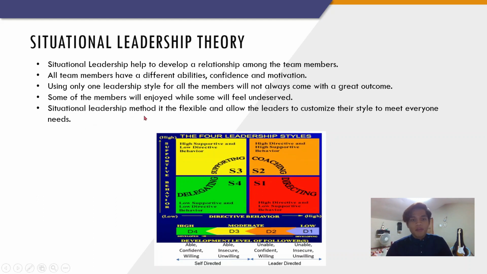Situational leadership is flexible and allows leaders to customize their style to meet everyone's needs. We have four styles: delegating, supporting, coaching, and directing. For different team members, we can use a different style. For example, if you are high directive and low supportive behavior, you can use directing.